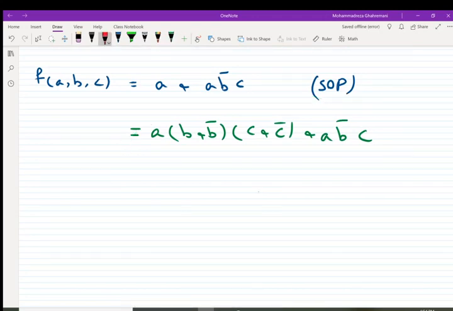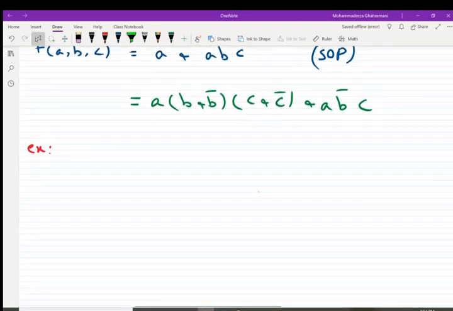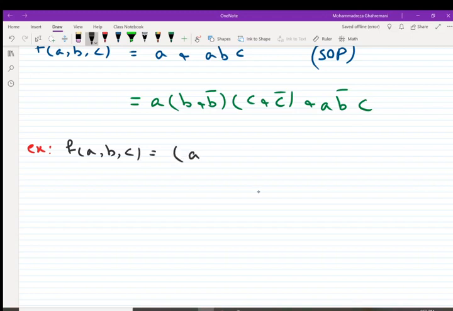The next example is converting non-canonical to canonical in the form of product of sum. So here is the function f of a, b, c is equal to (a plus b bar)(b bar plus c)(a plus b plus c bar).